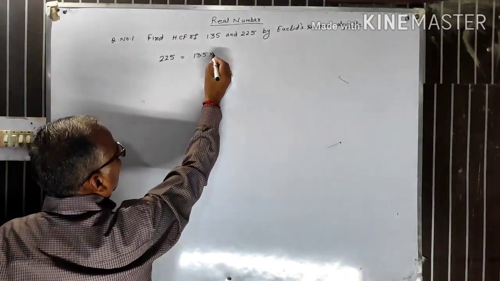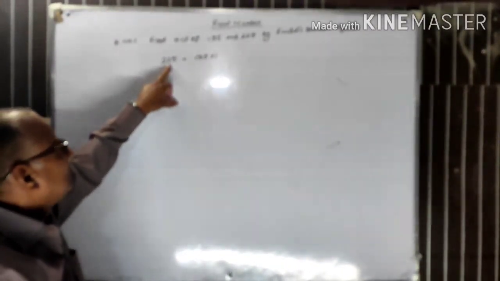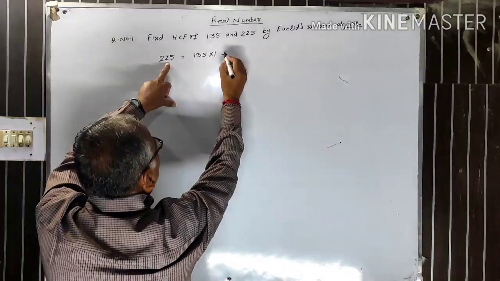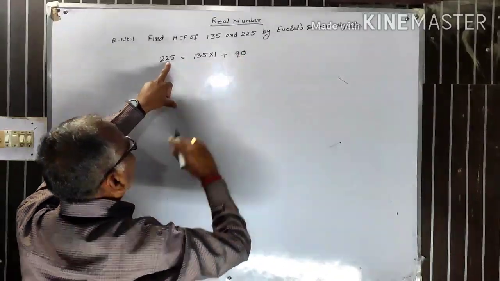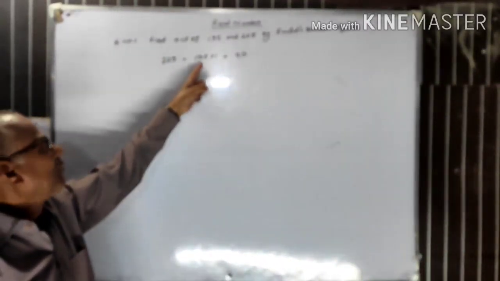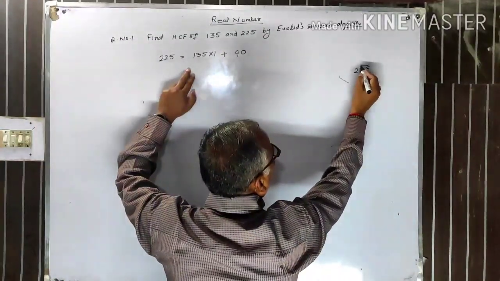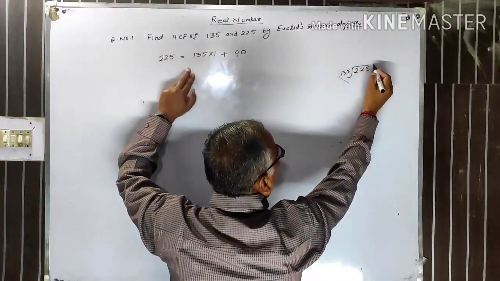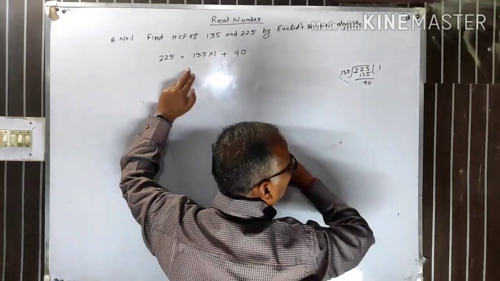The quotient will be 1 because it goes only once, and the remainder will be 90. We subtract 135 from 225.